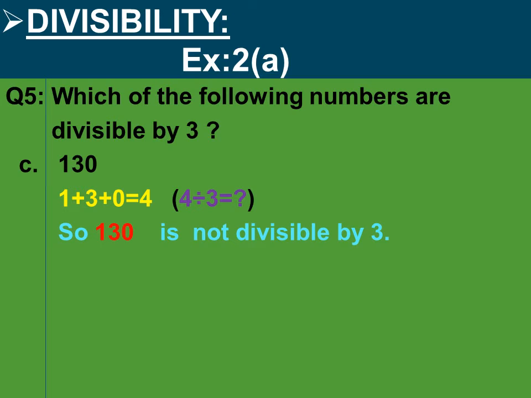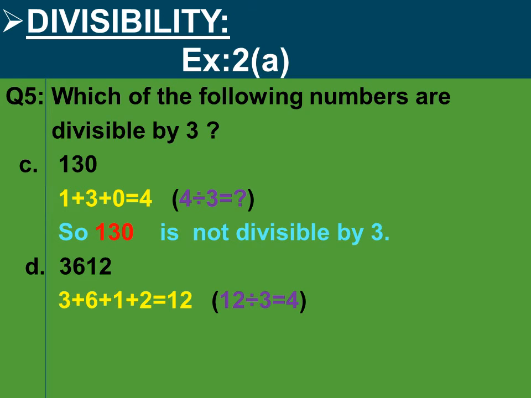Now we will move to the next part. Part D. Dear students, in part D we have a large number of 4 digits. For checking the divisibility of this number for 3, we will just add all the digits of this number. That is, when we add all the digits of the number 3612, we will get our answer 12.